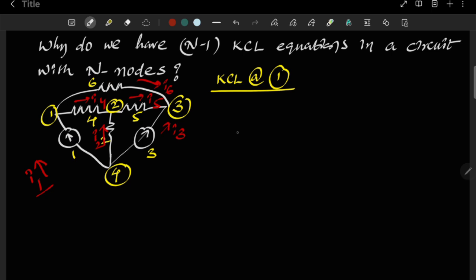At node 1, 3 currents are involved, and I am taking the algebraic sum of all the leaving currents equal to 0. At node 1, I1 is entering, so to make it leaving I take minus I1, then plus I4 and plus I6 is equal to 0.